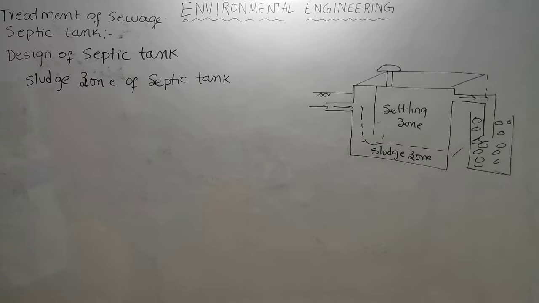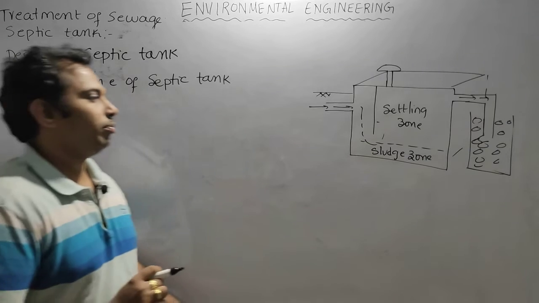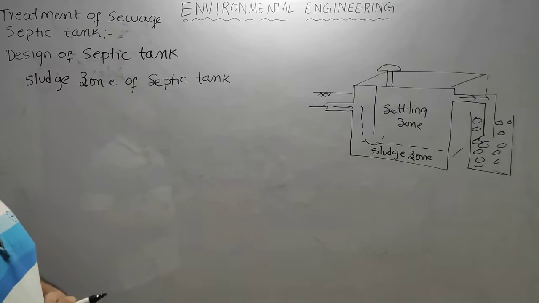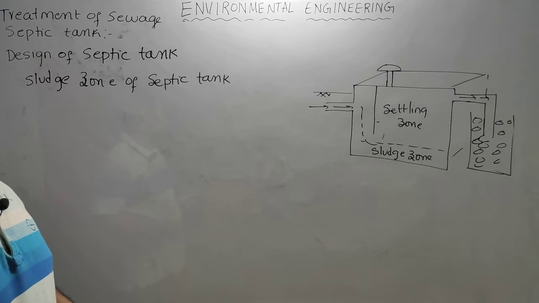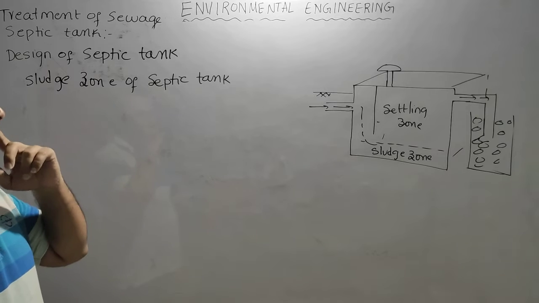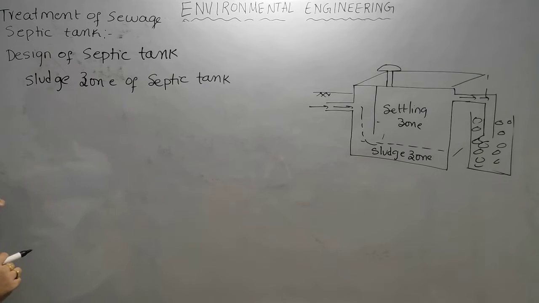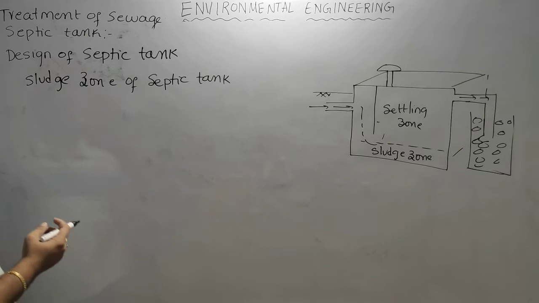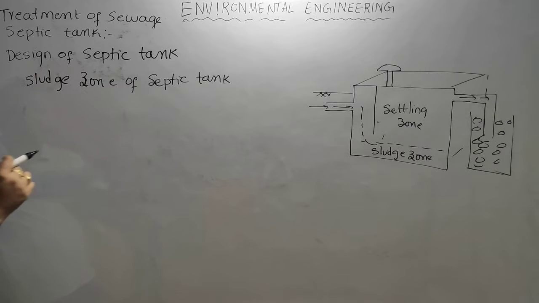Here, what is the sludge accumulation? The volume of the sludge zone depends on how much sludge is coming per day, that is the rate of sludge accumulation. Rate of sludge accumulation means how much human excreta goes into the septic tank.